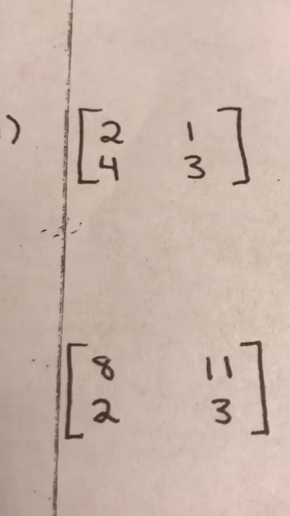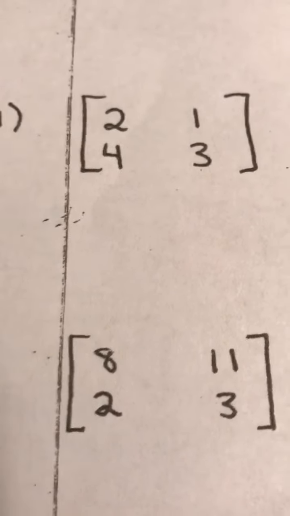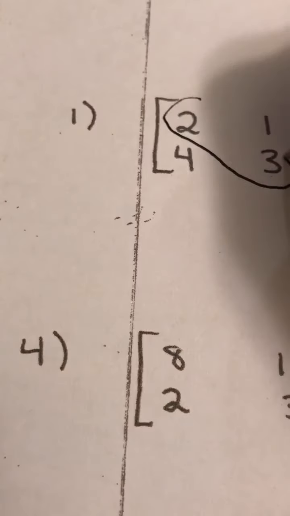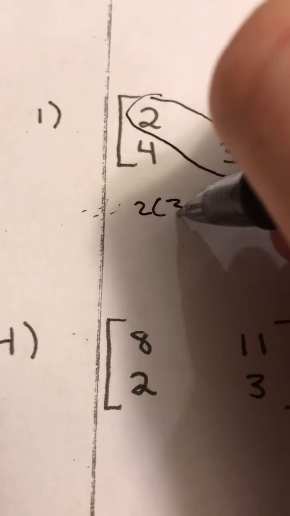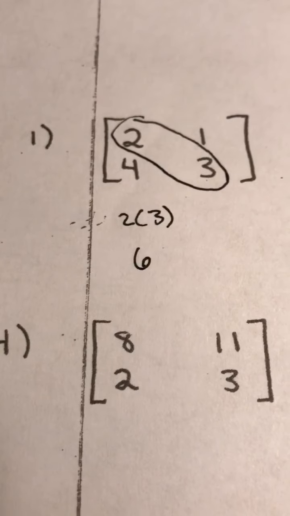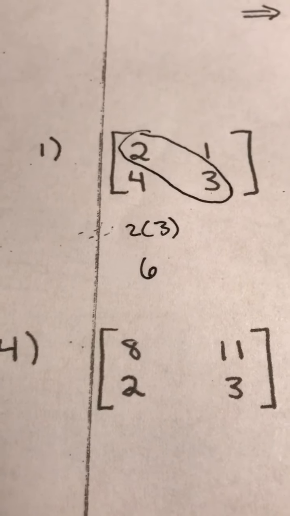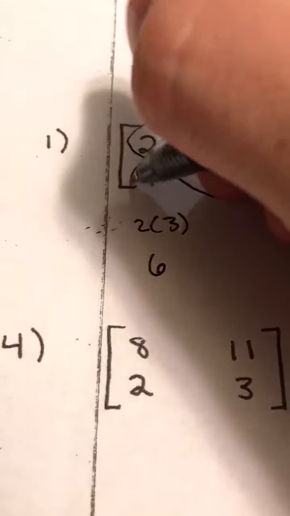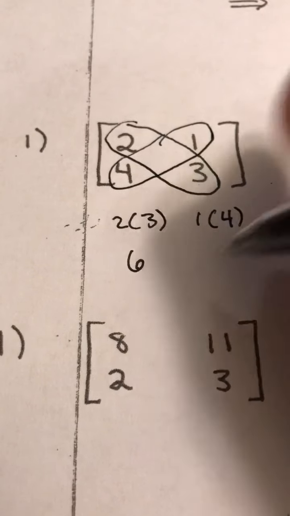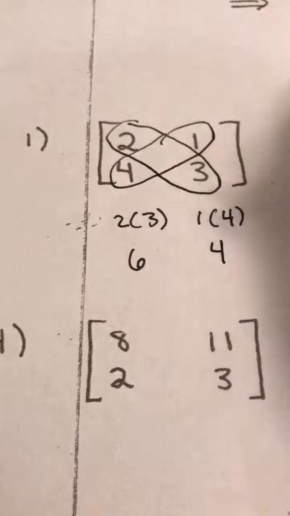Alright, so let's try the first one. I have 2, 1, 4, 3. So let's go ahead and circle the main diagonal. That's going to be this right here. 2 times 3, that's going to give me 6. So I write 6. The next thing I want to do is circle the next diagonal, this 1 and this 4. 1 times 4, that's going to give me 4.